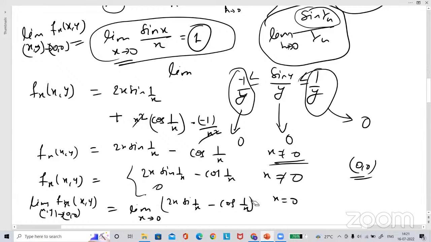There is no y, so there is no need to write it in this fashion. Only with respect to x will be enough. So now in that case, what will be the limit here? Will the limit exist or not, or what will be the limit? This is where I got stuck. I didn't know how to do this. So this is now in a single variable.